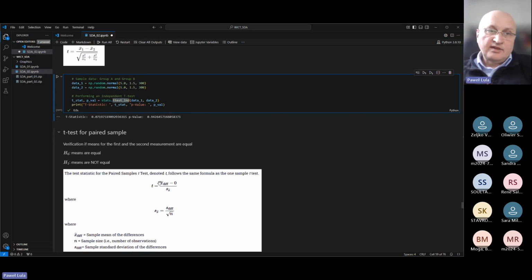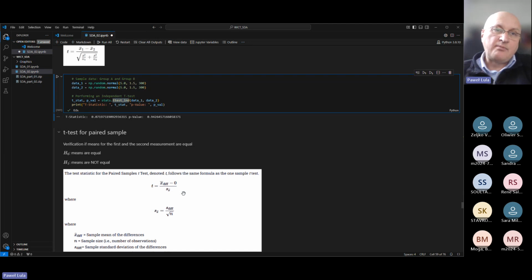And it is a test in which we are going to analyze, for every object, differences between these two values. One of them which was obtained at the beginning, and one of them which was obtained at the end of a period of time. It may be useful for analyzing medical treatment. It may be used for analyzing teaching activity.